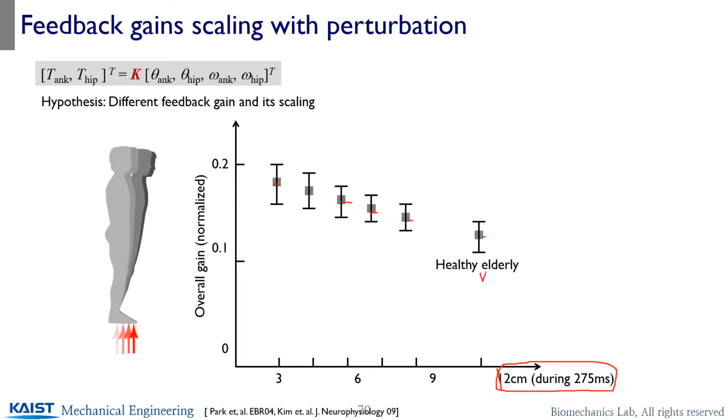This is observed for the healthy elderly, and that trend is also observed for the young subjects as well. So we could tell that in human posture control, the joint torques are well described by state feedback, like joint kinematics feedback, and those gains K change as a function of perturbation due to the constraint that you have a limited foot length. Okay.